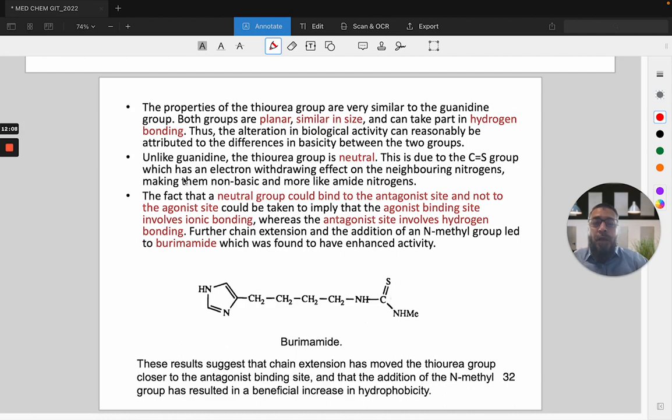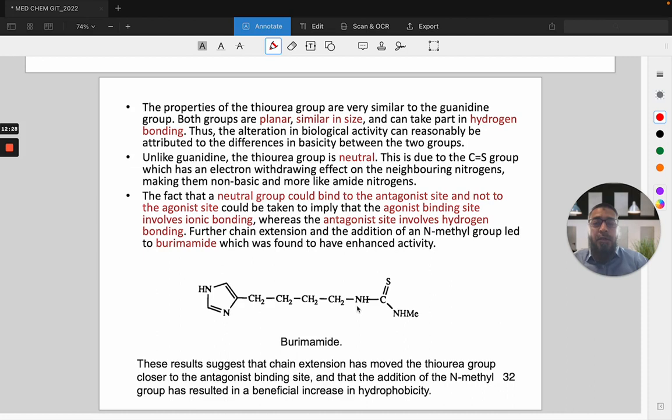So unlike the guanidine, the thiourea group is a neutral group, right? This is due to the C double bond S group, which is an electron withdrawing group, and it withdraws the electron from the neighbor nitrogen and makes it non-basic and more like an amide nitrogen.